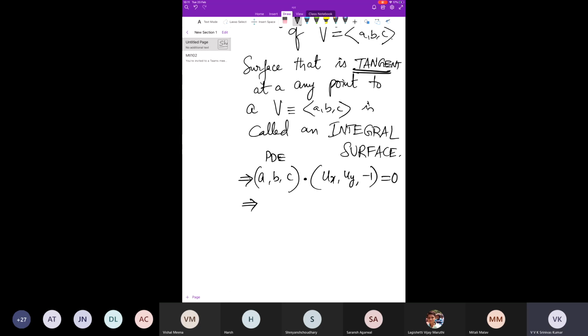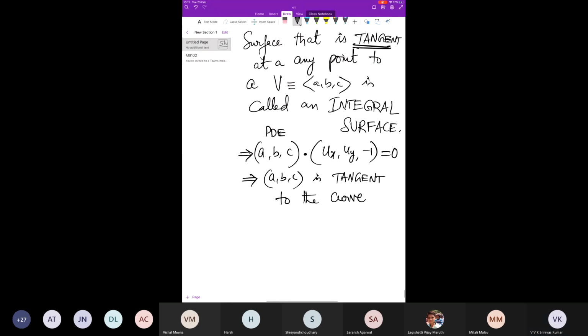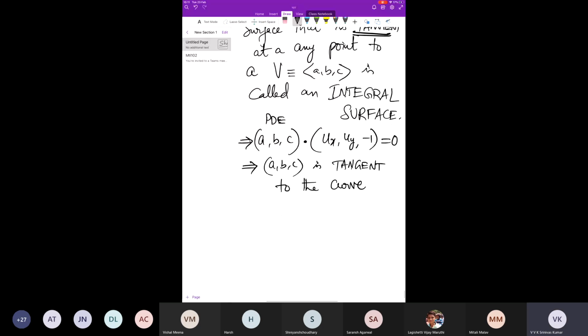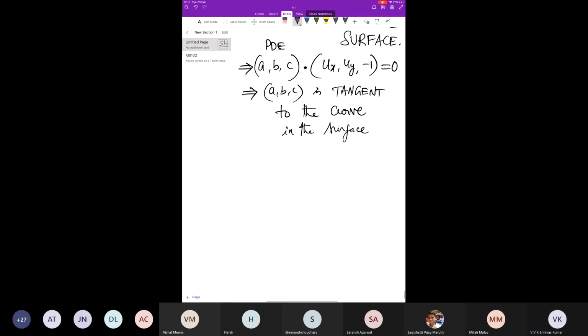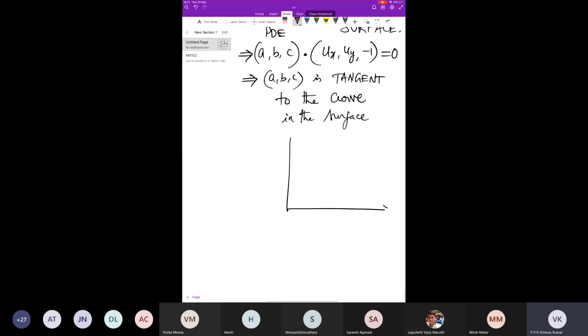That means the vector (A, B, C) is tangent to the surface. Now look at the picture of this.